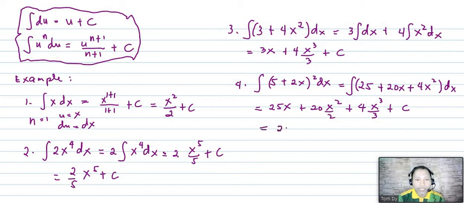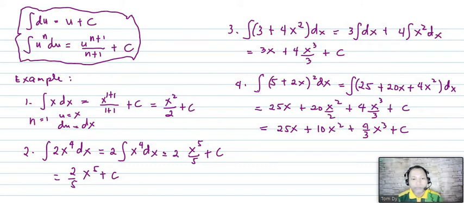So that the final answer now is 25x plus 10x squared plus 4 over 3 x cubed plus c. So that will be our final answer for this particular problem.